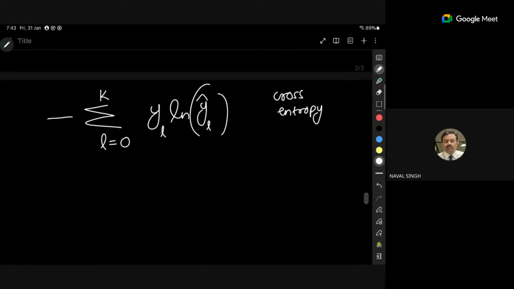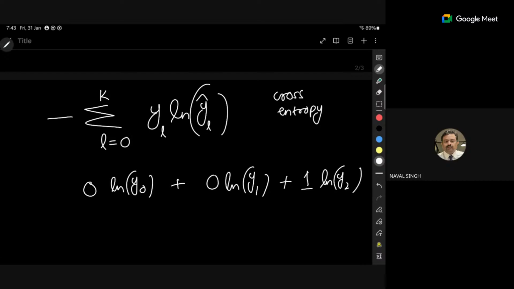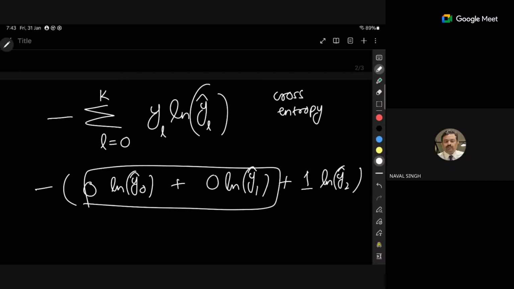So if you do this, let's say it is the second class. First we multiply 0 times ln y hat 0, plus 0 times ln y hat 1, and 1 times ln y hat 2, and then take the negative of this summation. These are zeros, so we don't have to compute them; you can ignore that.